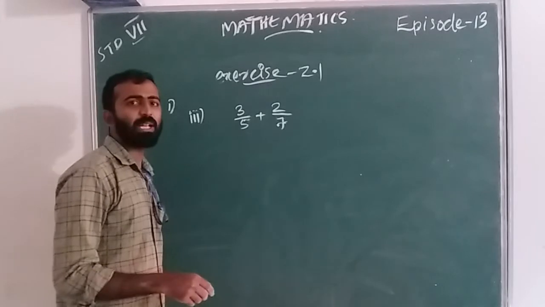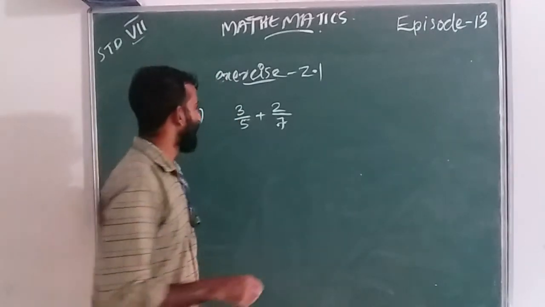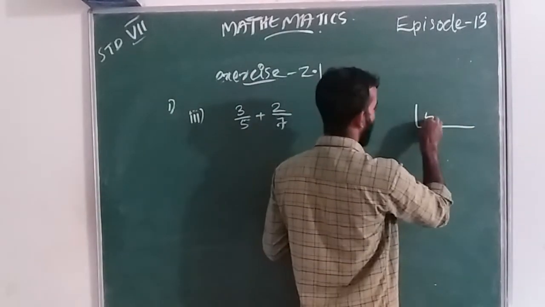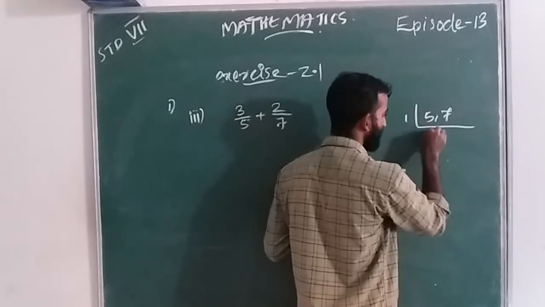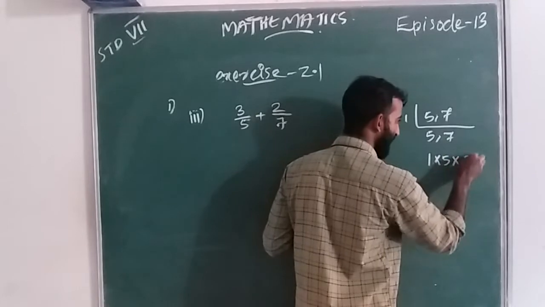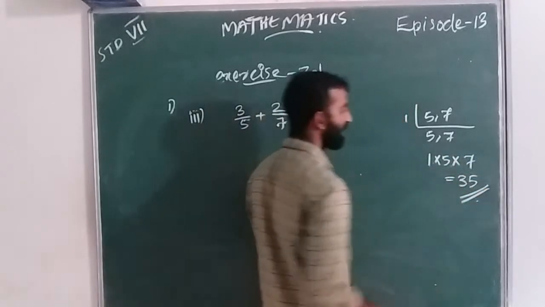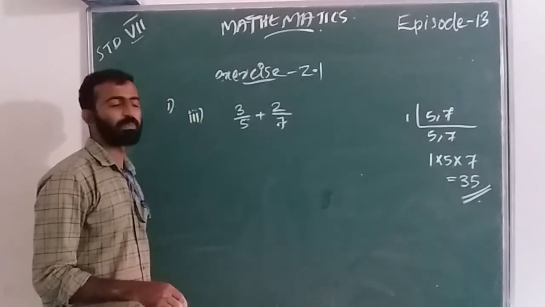Here we want to take the LCM of 5 and 7. 1 is the common factor, so 1 into 5 into 7 is 35.